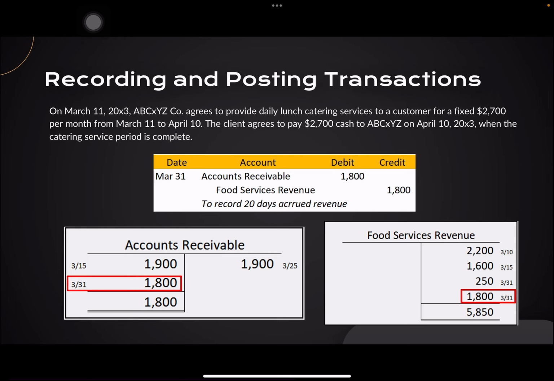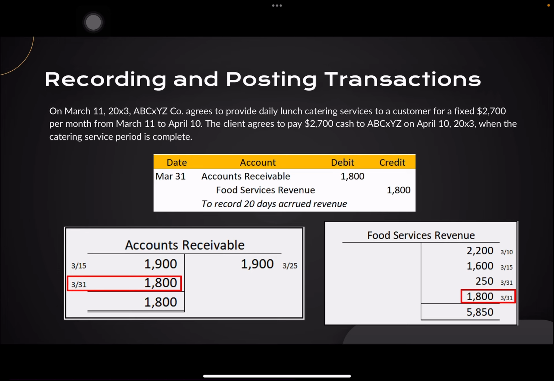It says here, on March 11, our company, ABCXYZ, agreed to provide daily lunch catering services to a customer for a fixed $2,700 per month from March 11 to April 10.